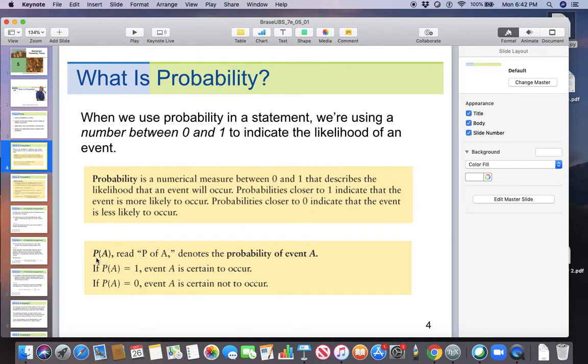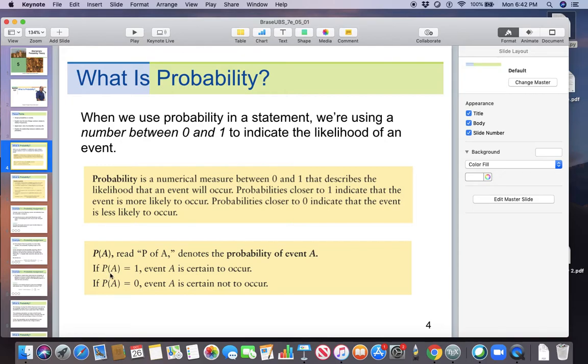Okay. Now, P(A) is read P of A. That parenthesis is read as "of". P of A denotes the probability of an event A. If P of A is 1, event A is certain to occur.